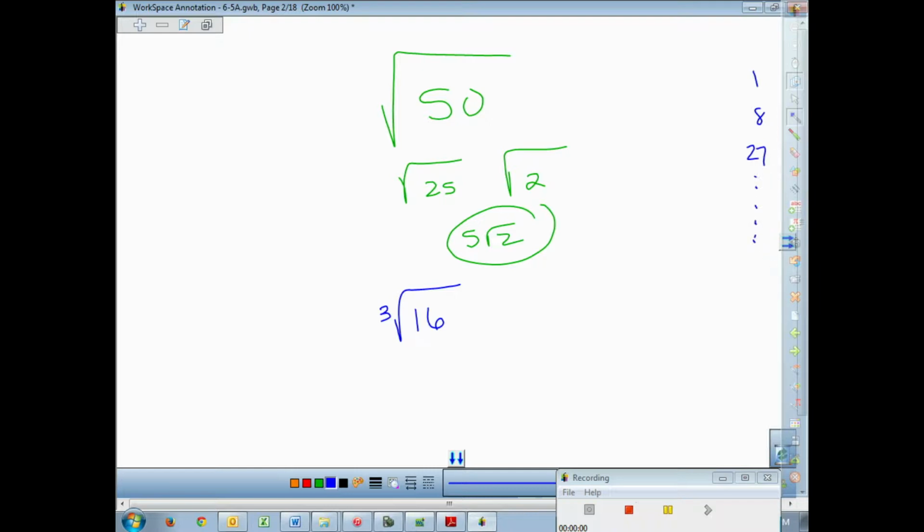What's the biggest perfect cube that goes into 16 evenly? So we split it up into 2 radicals, and the trickiest part is that you may understand it, but you sometimes put the wrong index up here. You need to put cube root symbols, right? You've got to put the correct index. Does an 8 go in there? How many times does it go in there?